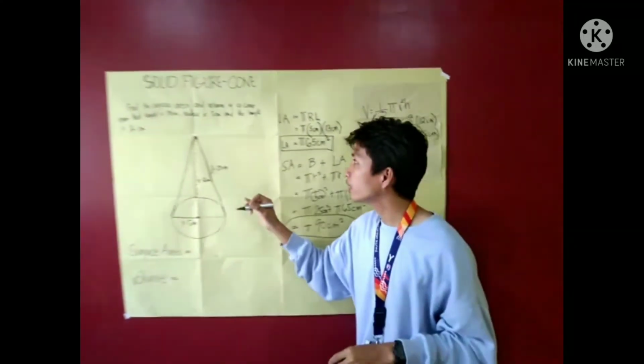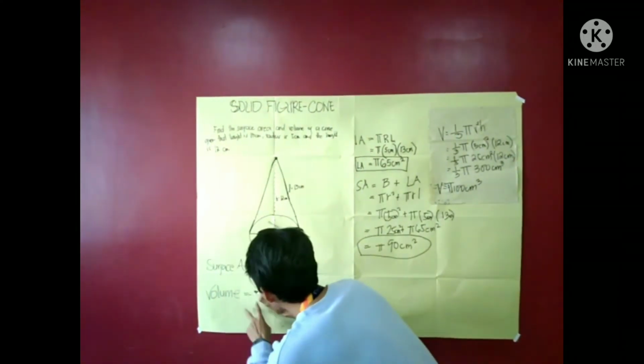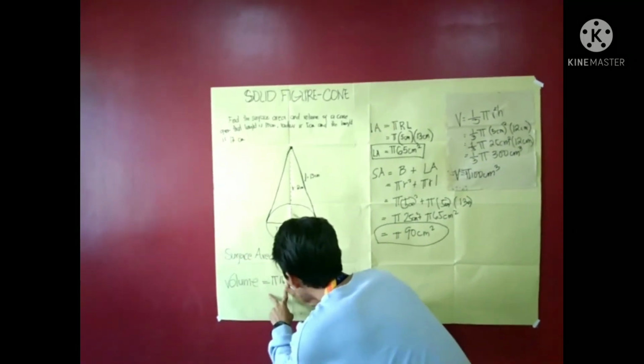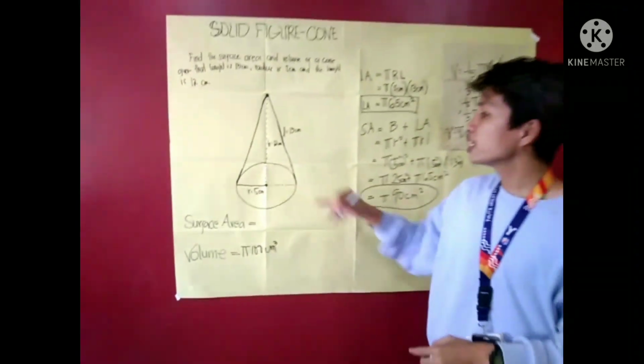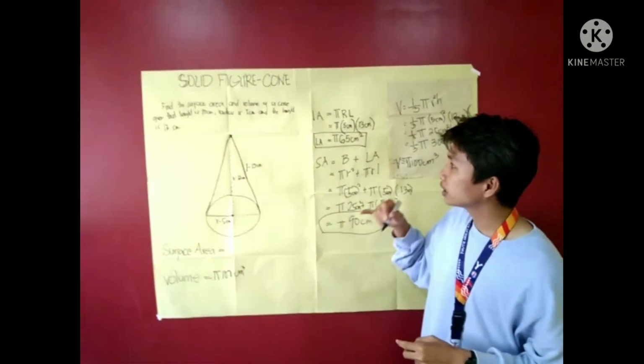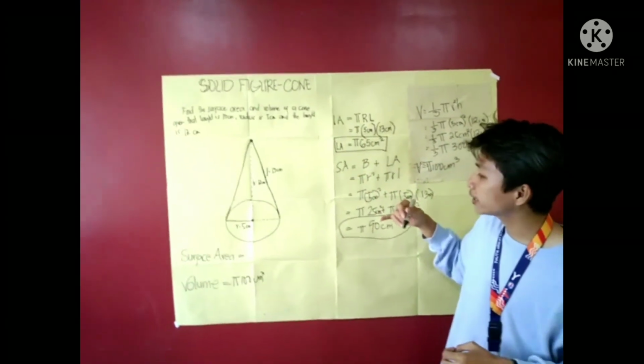So the volume of this figure is pi times 100 centimeters cubed.